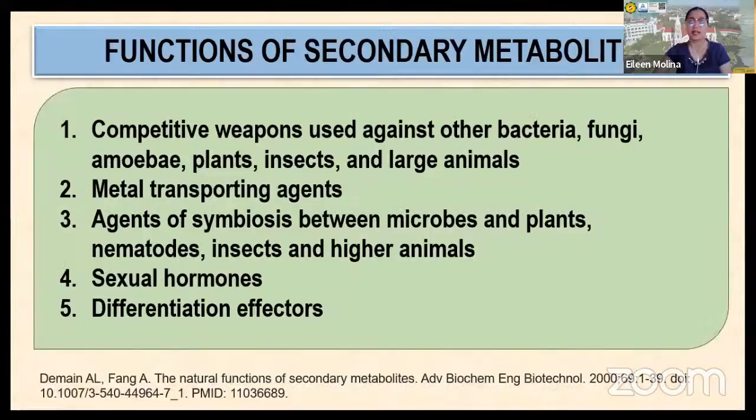Okay, we can go to the next slide now. They are considered as weapons of the plants against other bacteria, other plants, fungi, amoeba, insects, and large animals. Also, they act as metal transporting agents, agents of symbiosis between microbes and plants, and that of nematodes, insects, and higher animals, sexual hormones, and also differentiation effectors.